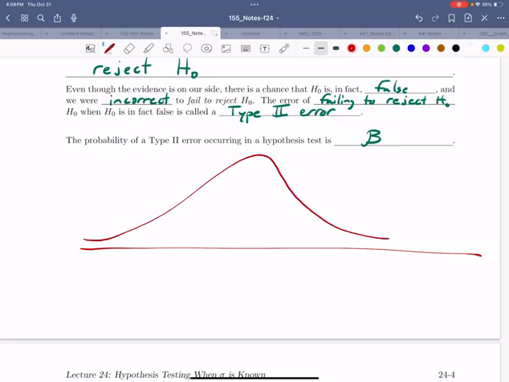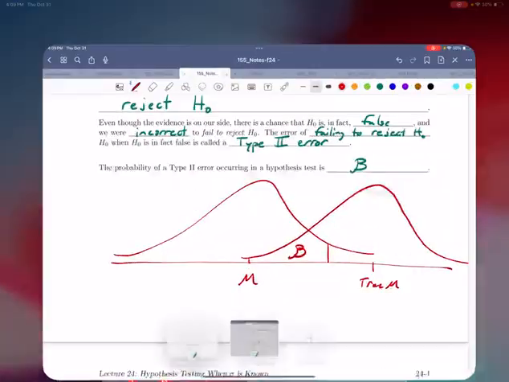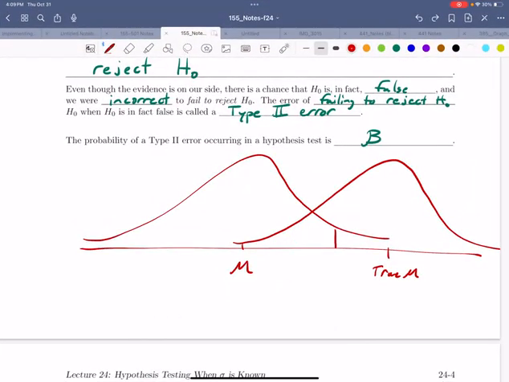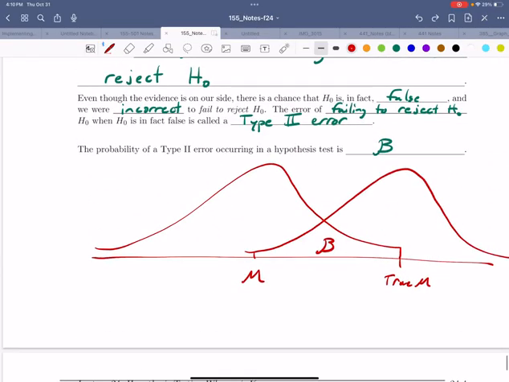If this is the sampling curve about the null hypothesis mean, and then you have another curve around the true mean, then this right here is the probability that we failed to reject H naught, but it's actually false. It's beta. We're not going to get much into that, but just so you know, that's what beta is.